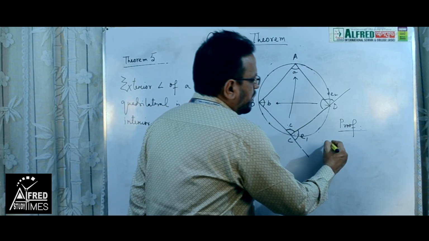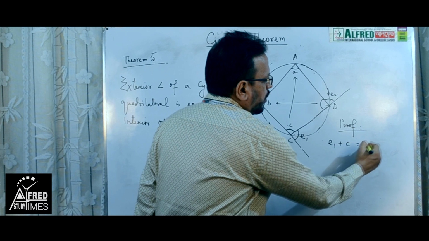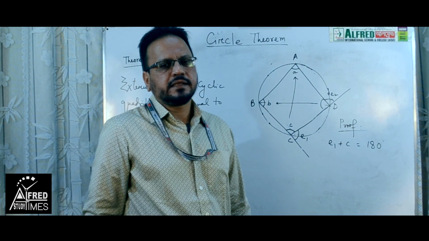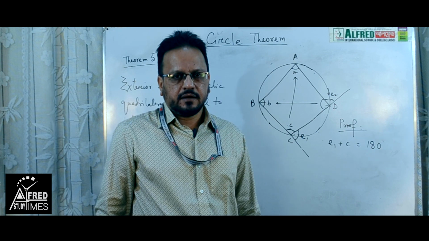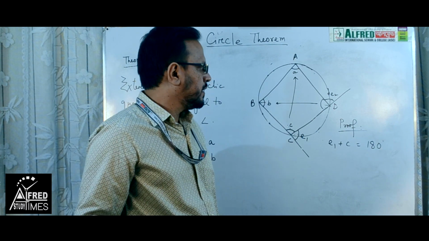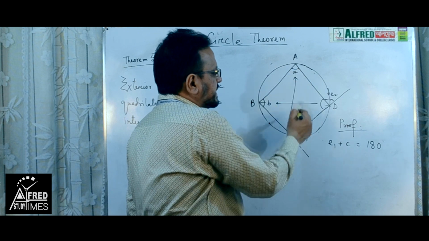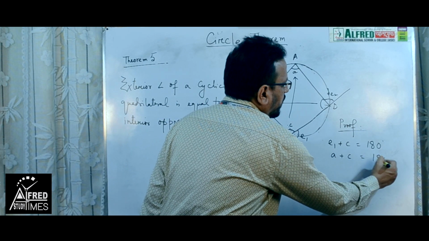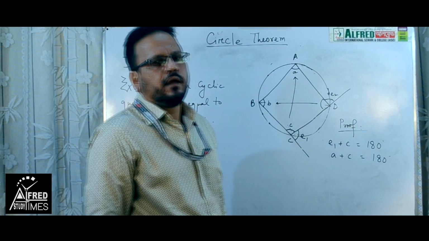E1 plus C is equal to how much? 180 degrees. Why? Because the sum of the angles on a straight line is 180 degrees. And A plus C is equal to how much? 180 degrees. Why?